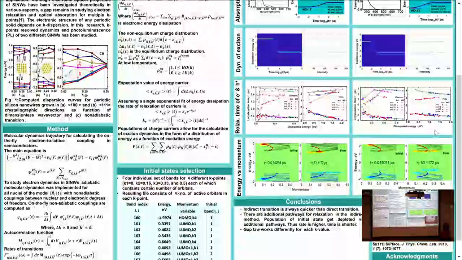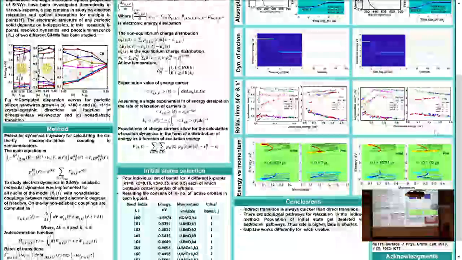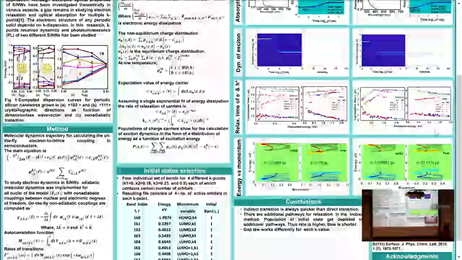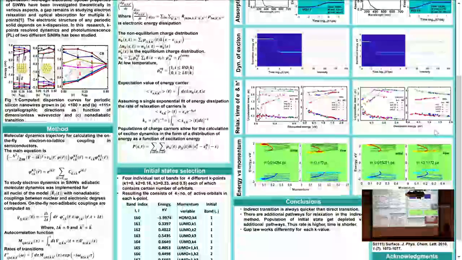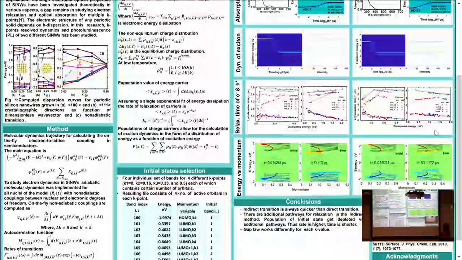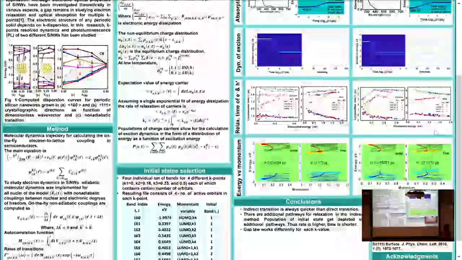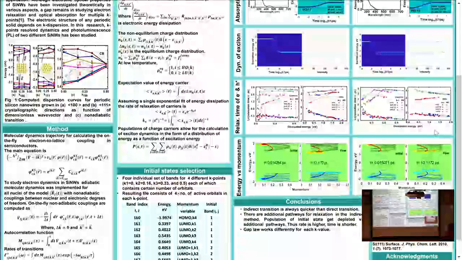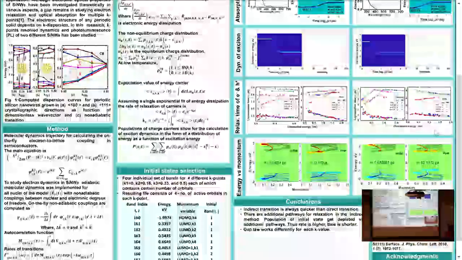Here we can see that for a couple of initial excitations, these initial transitions follow the gap law, and after that they follow the inverse gap law as well. But for holes, we can see they follow the gap law for most of the gaps. And this figure is supposed to go here.